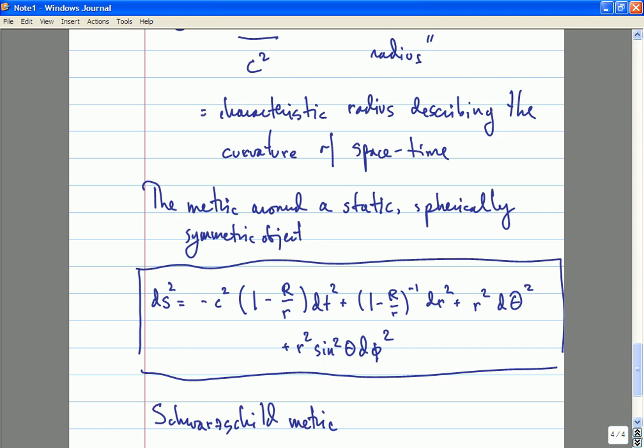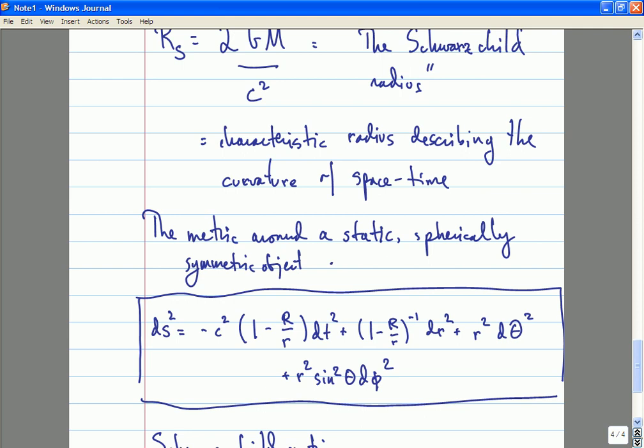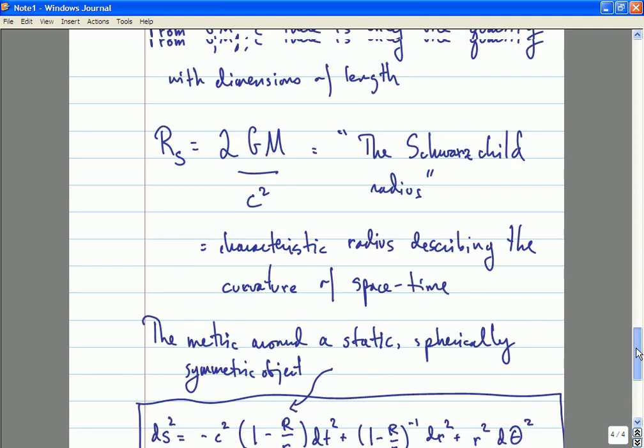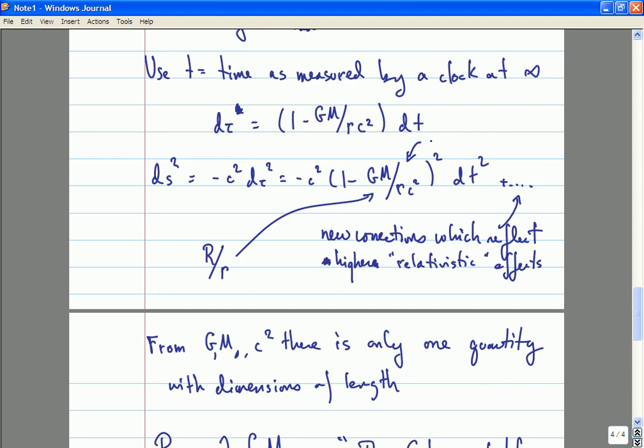And you can see here, I want you to look at this term right here. So there's 1 minus capital R over little r. And I want you to compare that to this term up here, which is 1 minus GM over rc squared, which is 1 minus R over 2r. But we square it. So if you were to Taylor expand that to first order in big R over little r, you would get 1 minus big R over little r, which is the same formula that you see here.